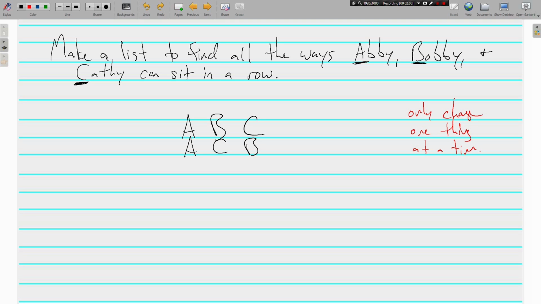Because I'm all done with Abby sitting first, now I'm going to move Bobby to sitting first, and then I'm going to list the other two in alphabetical order to start with. Bobby, Abby, Kathy. Okay? I'm going to continue working on Bobby sitting first. My only other option is Kathy and then Abby. And these are all the outcomes that have Bobby sitting first.